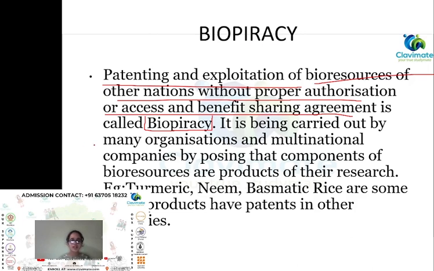It is being carried out by many organizations and multinational companies, claiming that components of bioresources are products of their research. Some biopiracy related products are turmeric, neem, and basmati rice, which have patents in other countries. They are not our products.